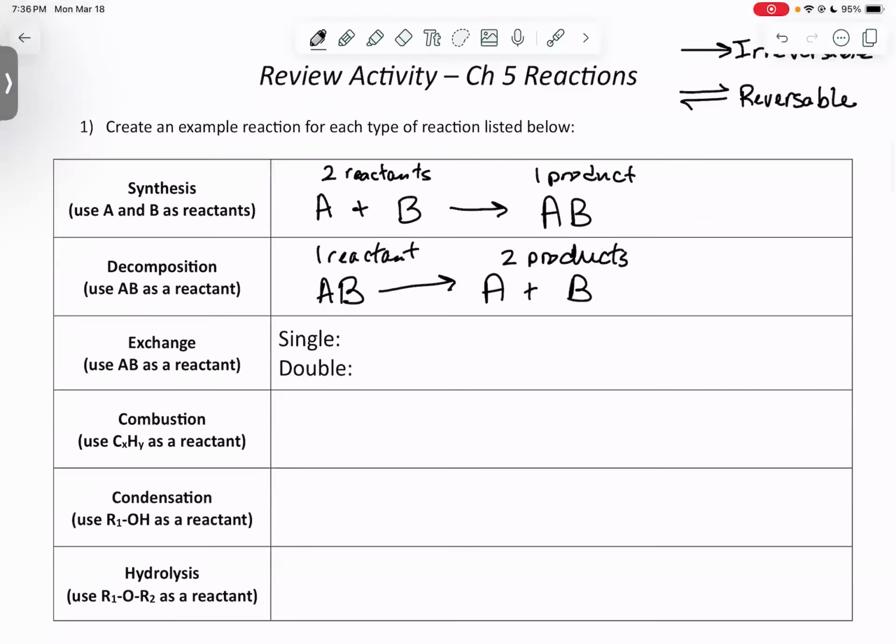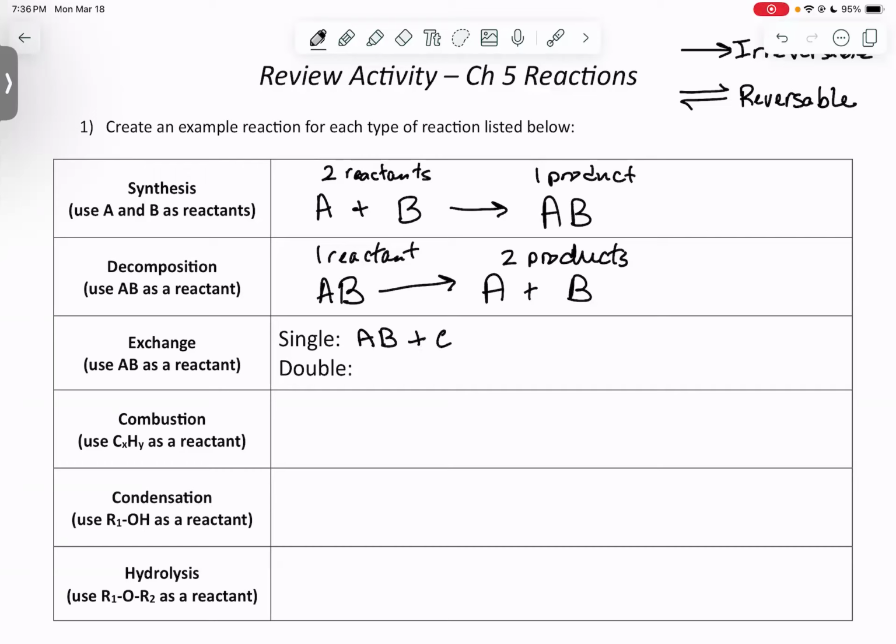All right, exchange. Exchange can either be a single exchange or a double exchange. If we were going to do single, I would start with AB as one of my reactants. But that's not going to be enough, right? Because if I just do something with it, then it would be a decomposition and I would break it up, but I don't want to do that.